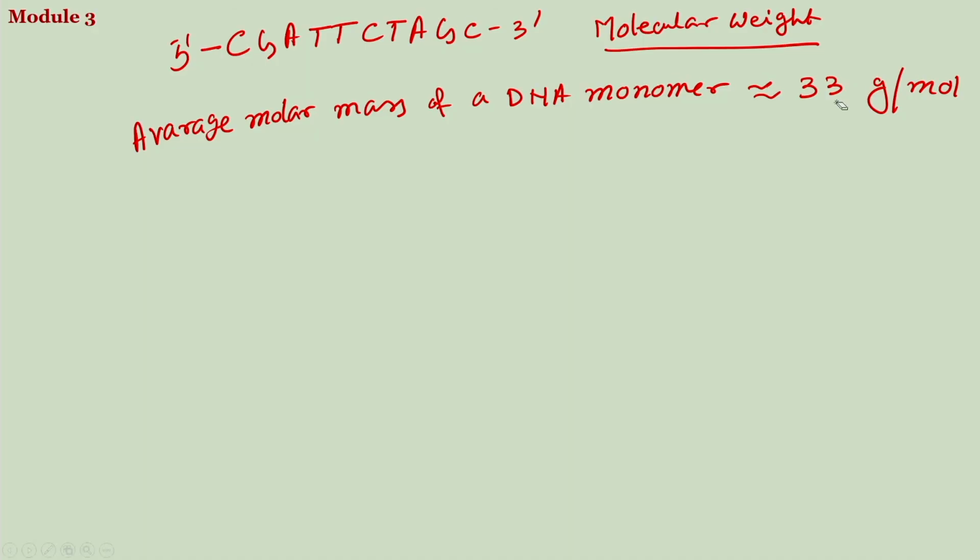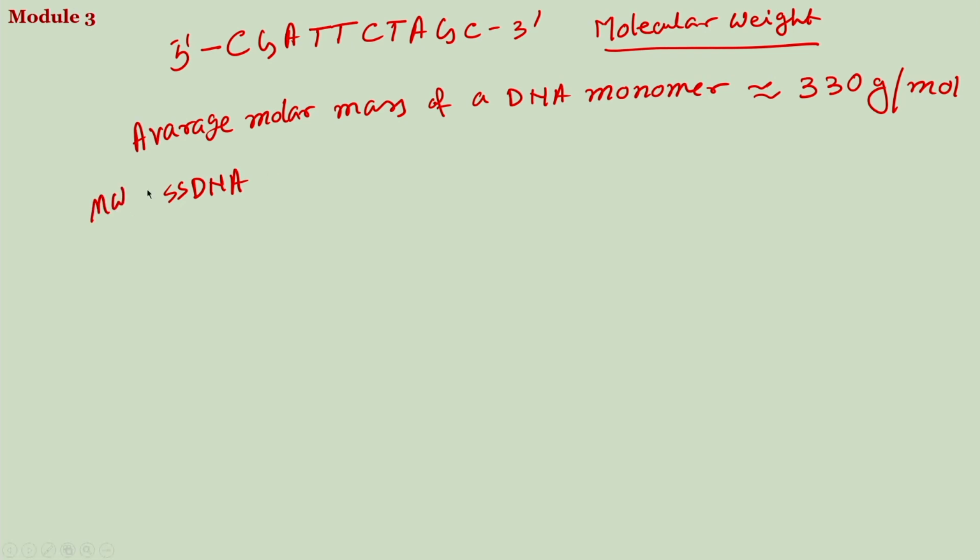So, it is of course not the accurate measurement, but an approximate calculation. 330 gram per mole is the average molar mass of a DNA monomer, that includes the phosphates, that includes the sugar.